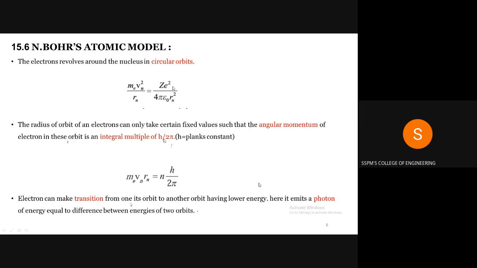As per Bohr's third postulate, when an electron jumps from a higher energy orbit to a lower energy orbit, it emits radiation. It emits a photon of energy equal to the difference between energies of the two orbits. Now all these formulas are important in order to solve the examples. You just go on noting these formulas.